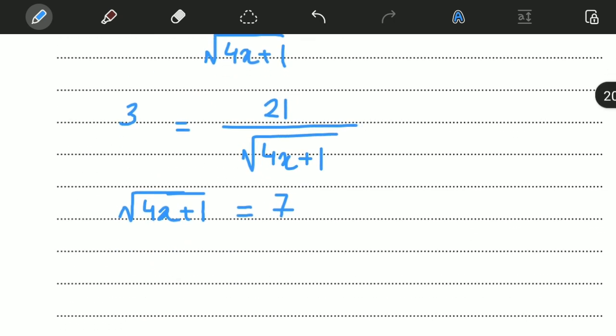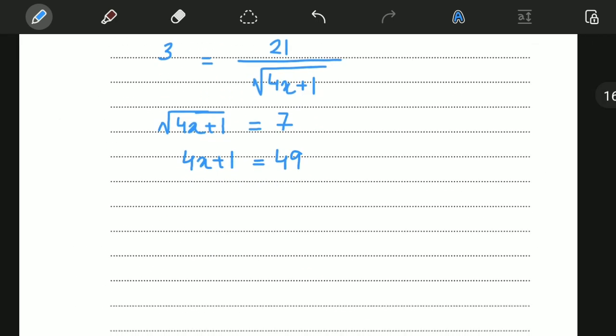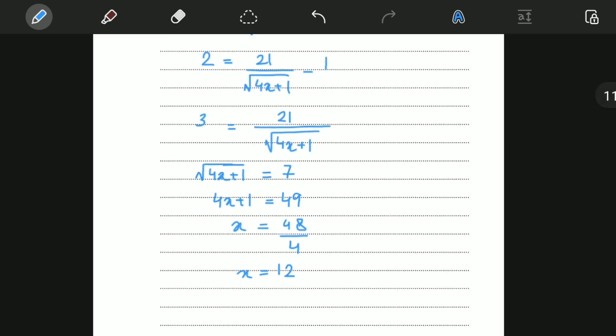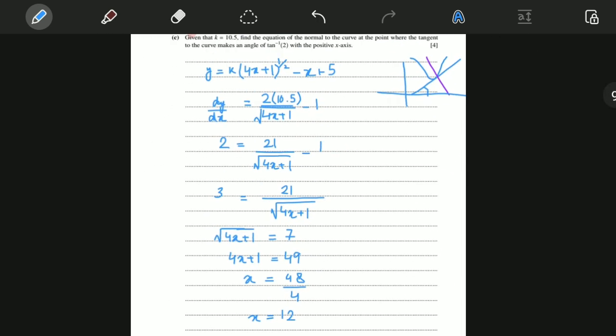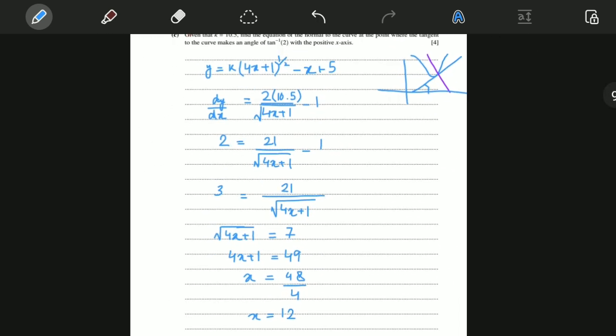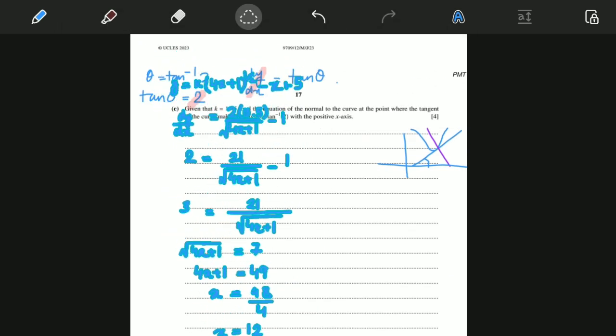We cross multiplied it and simplified this 3 into 21. So squaring both sides will give you 4x plus 1 equals 49, and then x equals 48 divided by 4, then x will be equal to 12. So this is your x. Now substituting this in your equation of y, and we'll get the y.